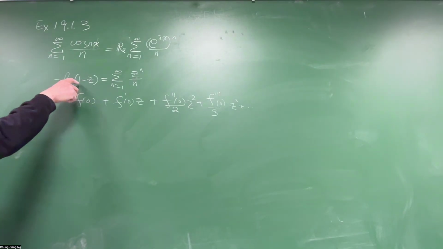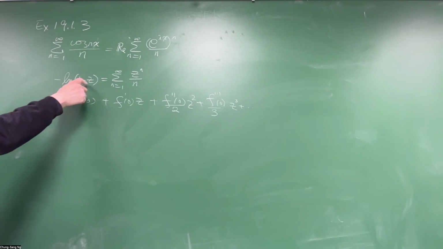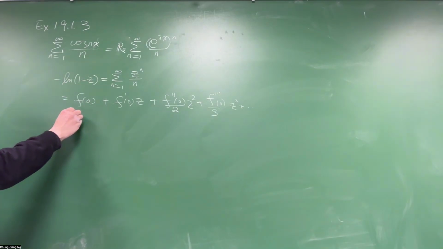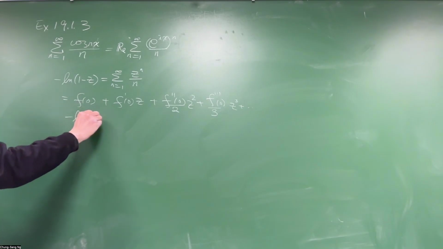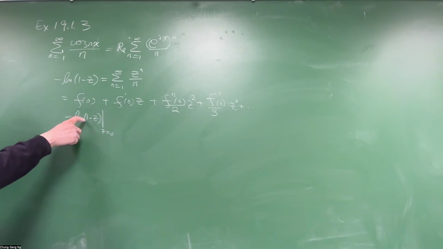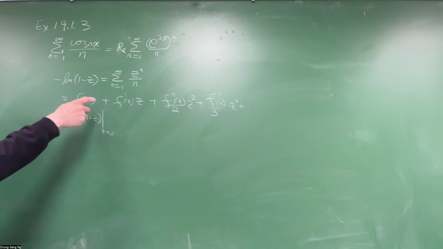If f is minus log of 1 minus z, evaluate at z equals 0: 1 minus 0 is 1, log 1 is 0, so f of zero is 0.